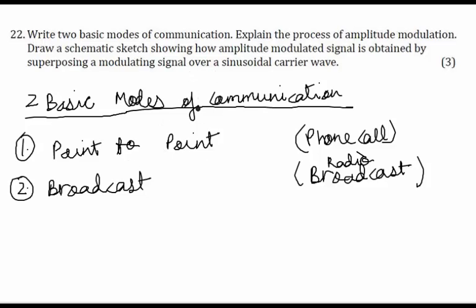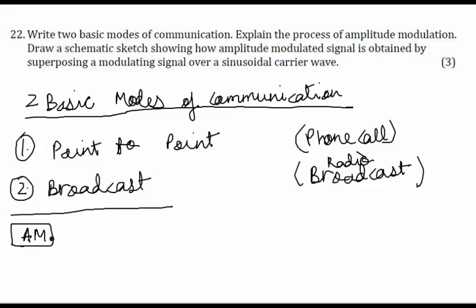And now let's explain the process of amplitude modulation. This is the second part. Before we start, first let's understand what amplitude modulation is. It is also written as AM, like in radio we have AM and FM, amplitude modulation and frequency modulation.